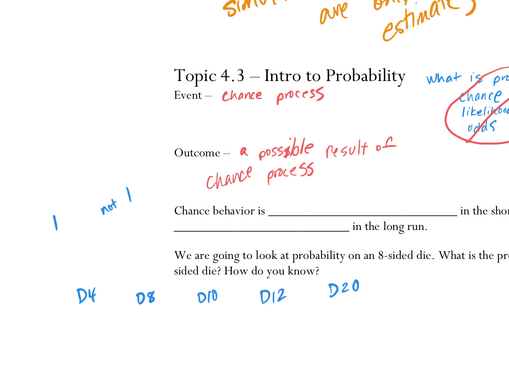Did I give anybody a D6? You get the D6, okay? All right. And are you guys with me? Highest probability of rolling a 1, lowest probability of rolling 1.